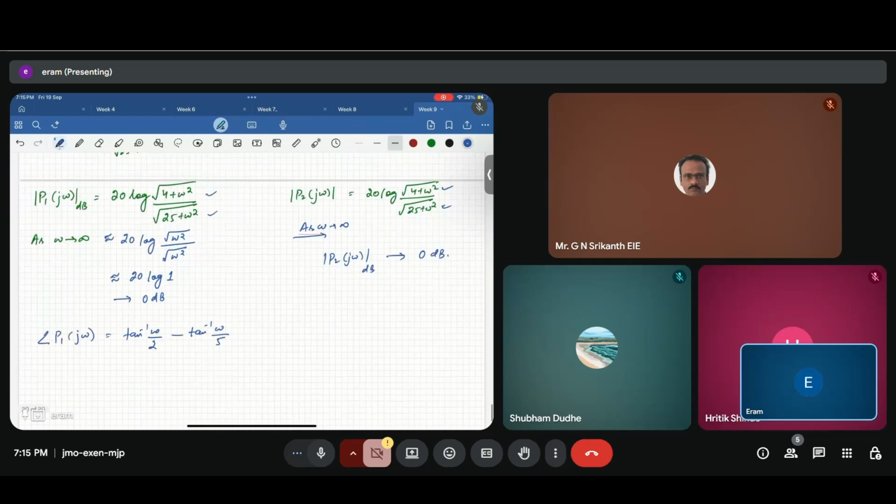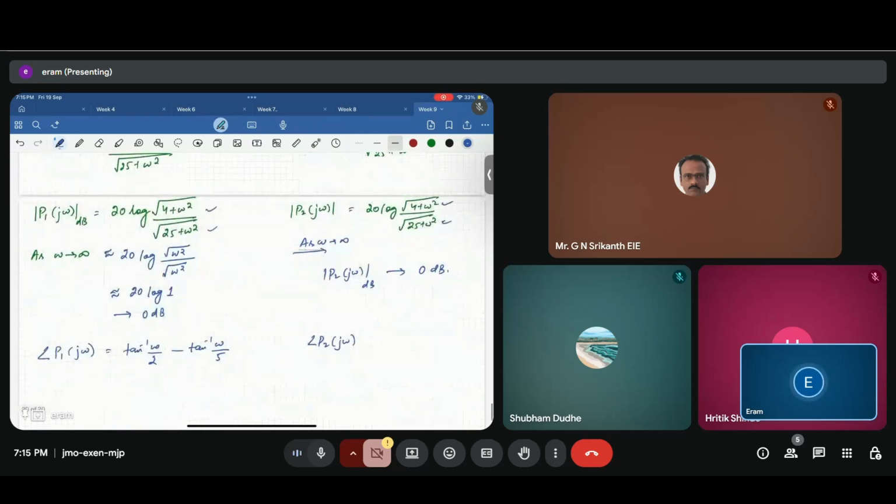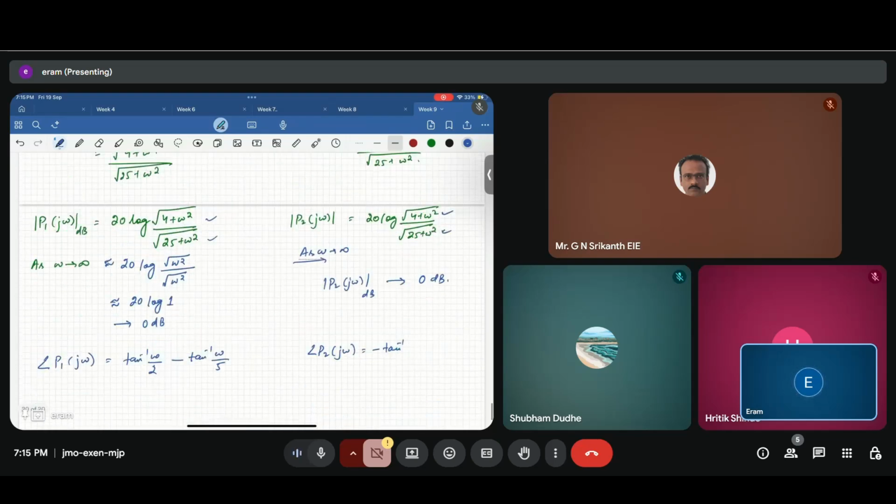Okay, and for P2 we can write it is 2 minus j omega, so it will be minus of tan inverse of omega by 2 and minus of tan inverse of omega by 5.